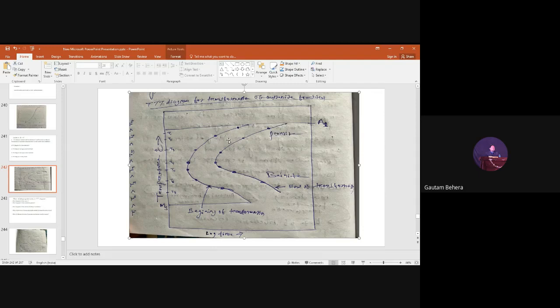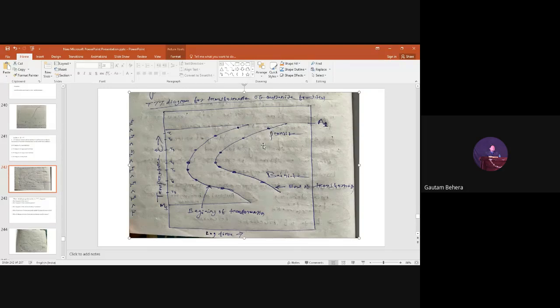But in between these two lines, we have austenite plus pearlite. That means the transformation has not ended; it is still going on. If you draw a dotted line in between them, it will show you 50% transformation. So here the transformation starts, here in the middle 50% transformation has completed, and here 100% transformation has completed, right?